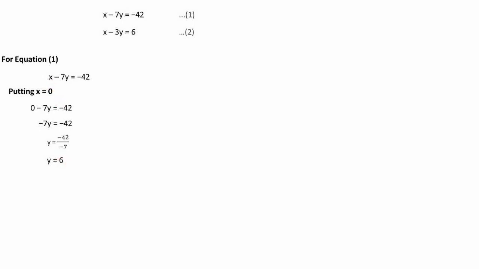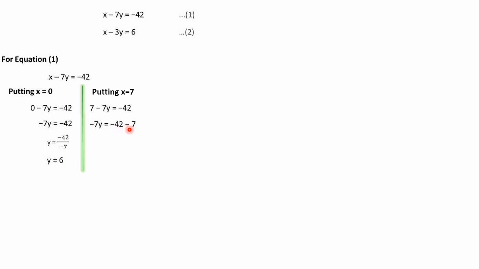One more set of values we have to find out. For that, we have to put another value for x. Here I am taking x is equal to 7. So when you substitute x is equal to 7 in this equation, we get 7 minus 7y is equal to minus 42. From here, minus 7y is equal to minus 42, and this plus 7 we can take to the right side, where it becomes minus 7.